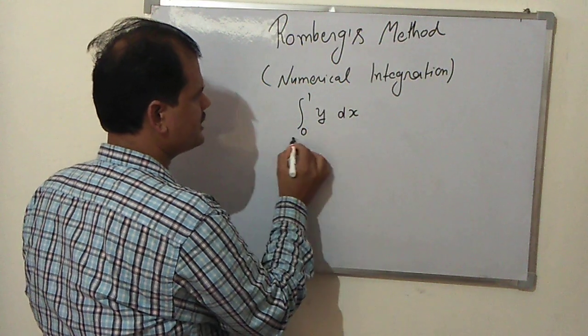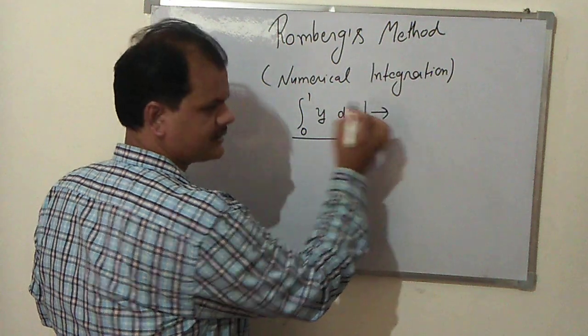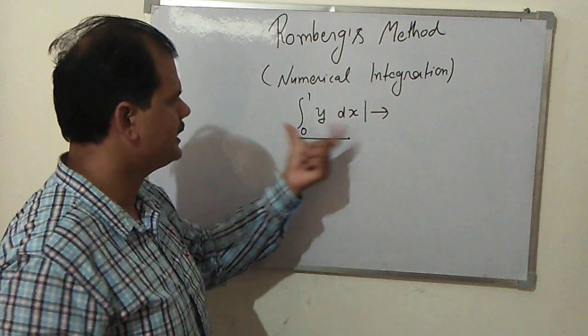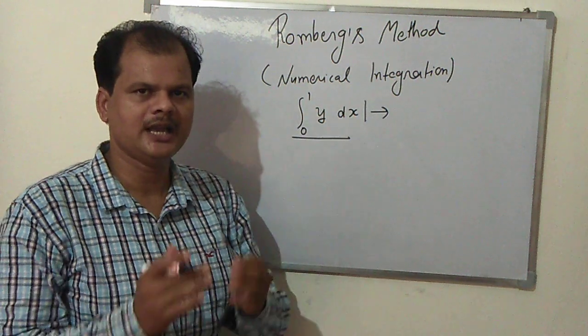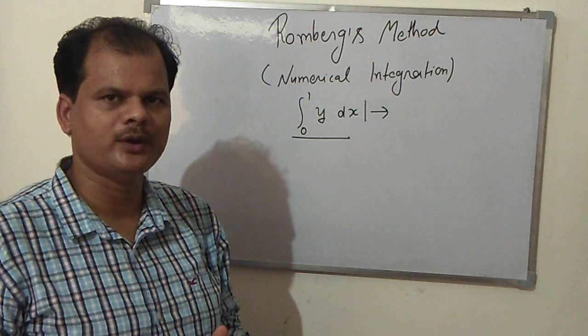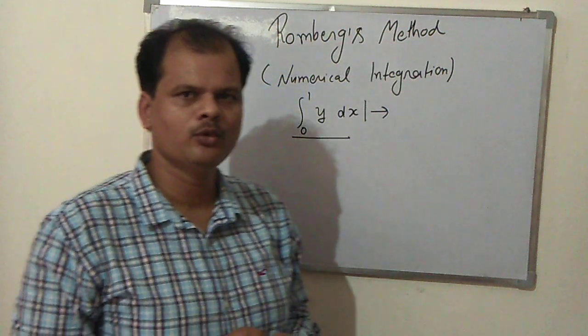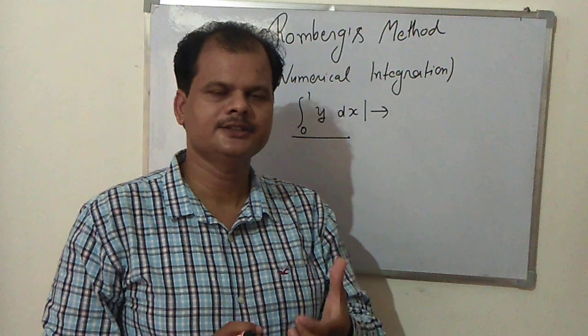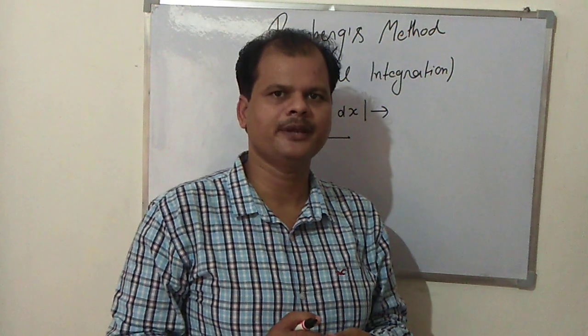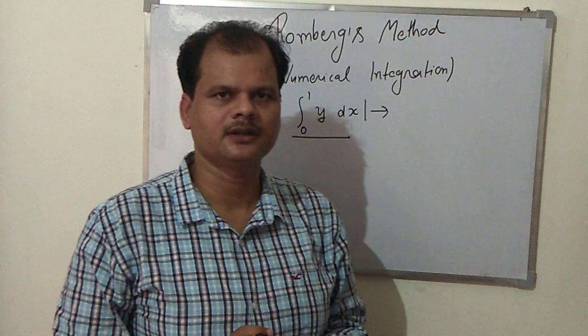We need to find this integration for the given data set. For any numerical method, if we have more data points, we get more accuracy. So this Romberg method is more accurate compared to the previous methods.